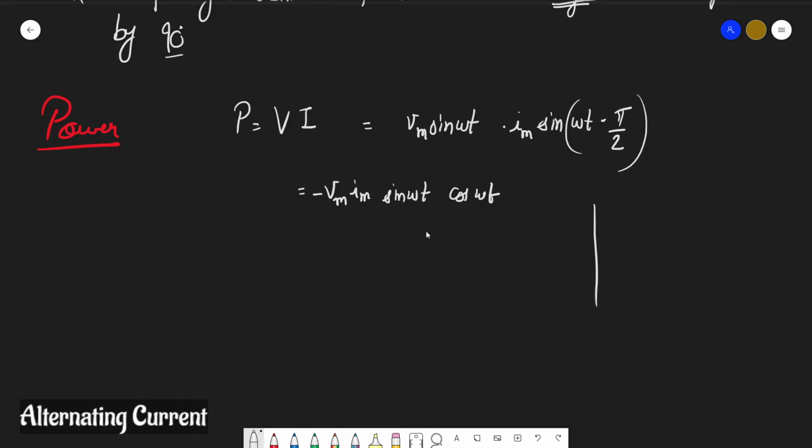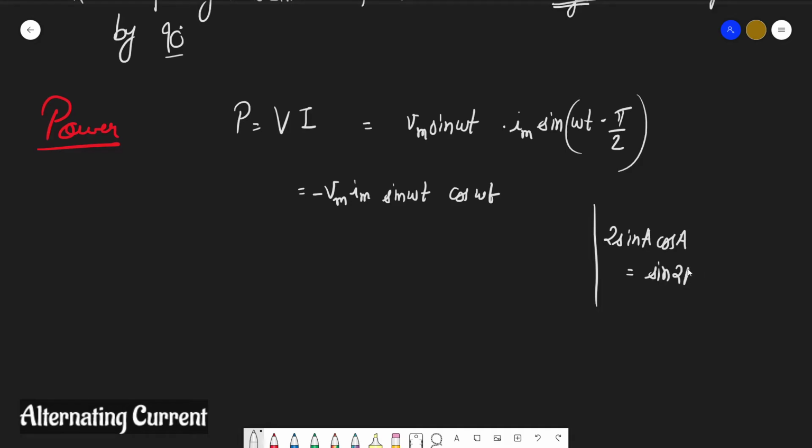Why? Because I need to use an identity here, which is 2 sine A cos A. I am clubbing this into only one trigonometric form, only one sine or cos, so that we can analyze the expression. Here are two sinusoidals in multiplication, so we are reducing that. Okay, 2 sine A cos A is sine 2A.